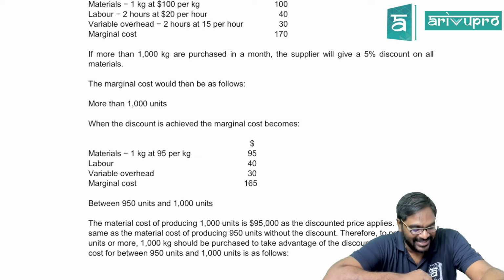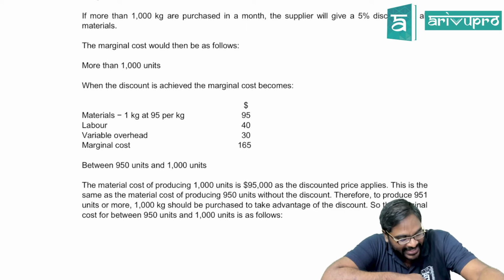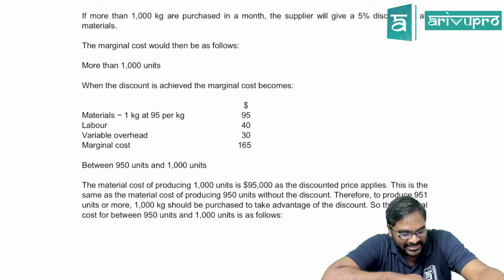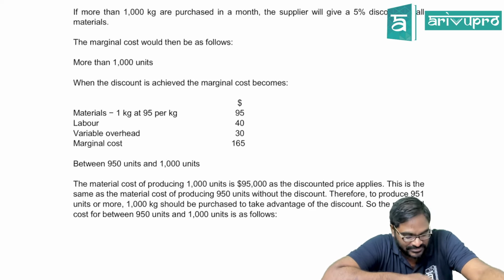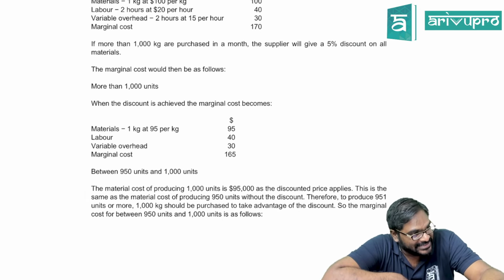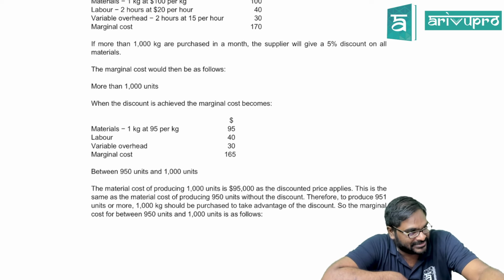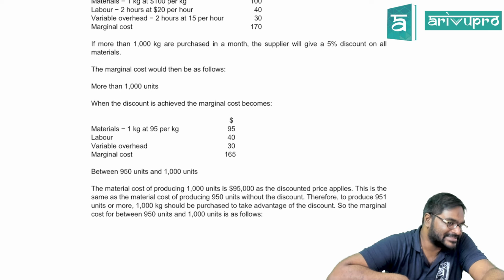Right. So that means for entire 1000 units, your material cost would be 95,000. But earlier it was 100,000. But now we have 5,000 gap. You have 5,000 cost savings.